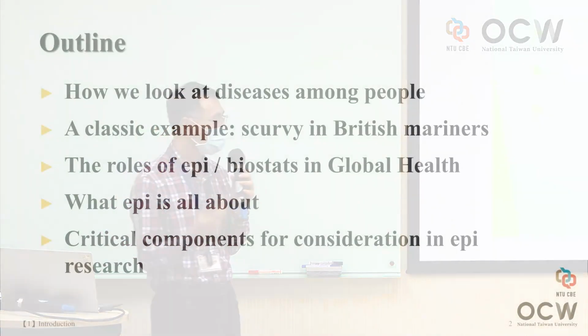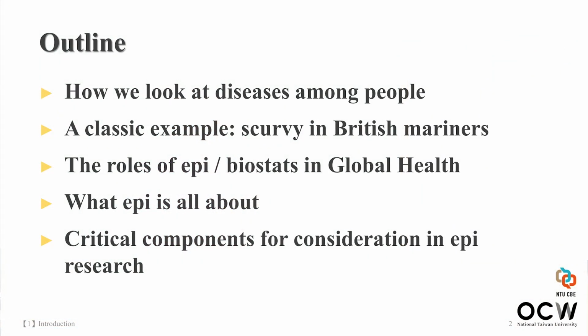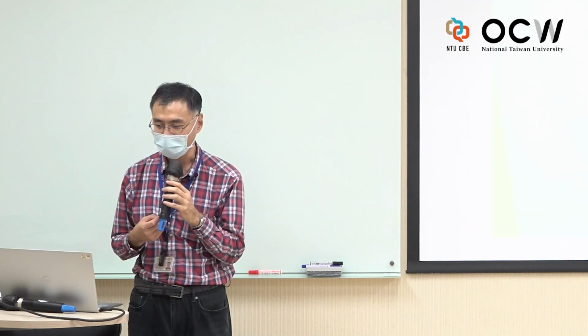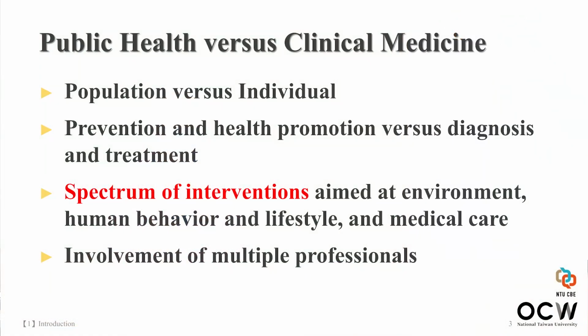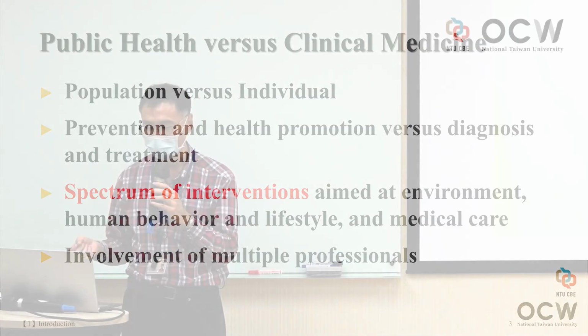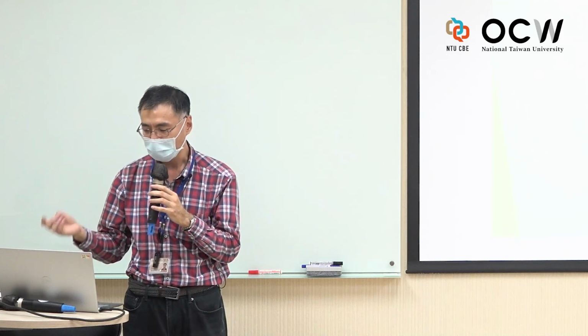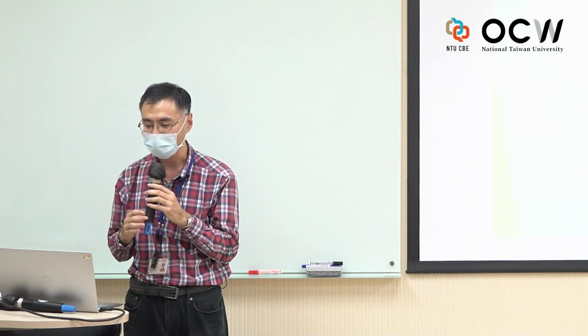Okay, and then I'll go into the detail about the critical components for the consideration in epi research for different fields. So first of all, some of you might be interested in clinical medicine in the future as part of your career development. But people might think, are they the same or are they different from each other in certain different levels?